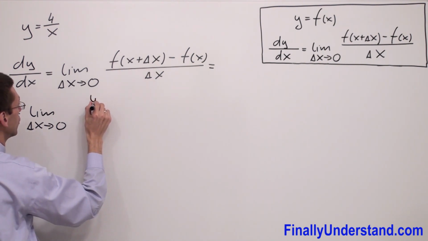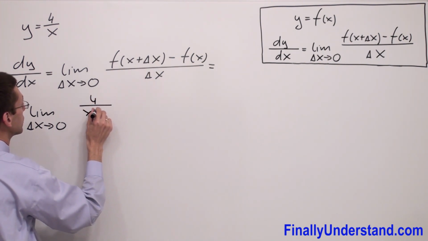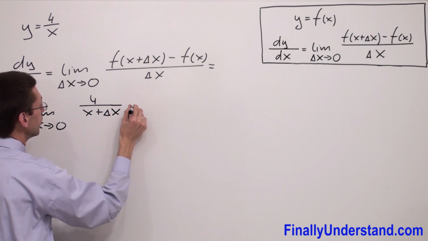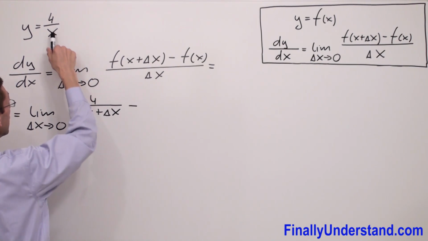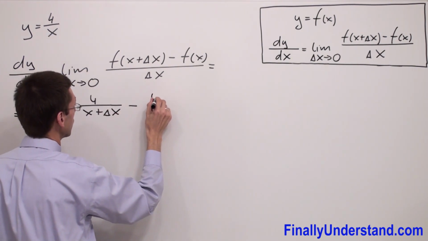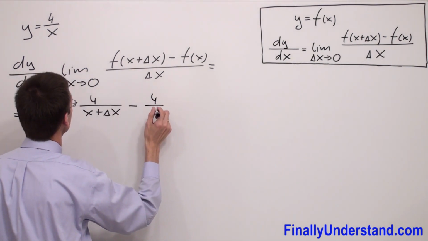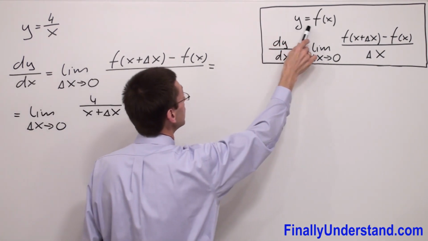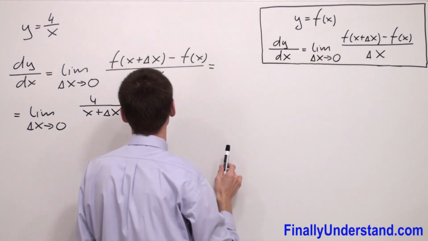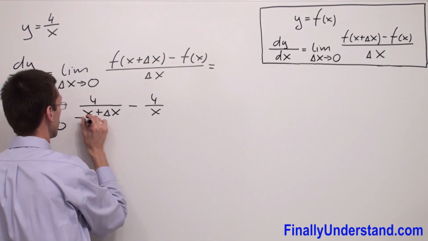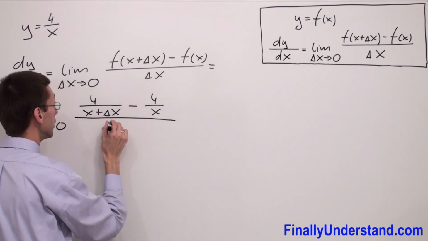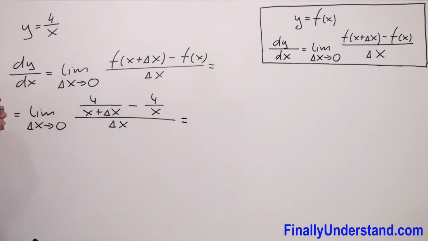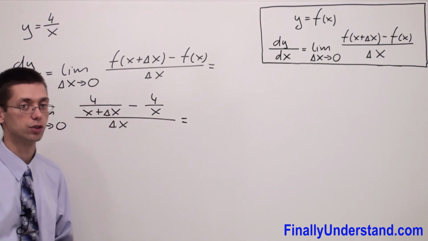So I have 4 over x plus delta x minus, copy down whatever is given, 4 over x. Why? Because y is equal to f of x, all over delta x.